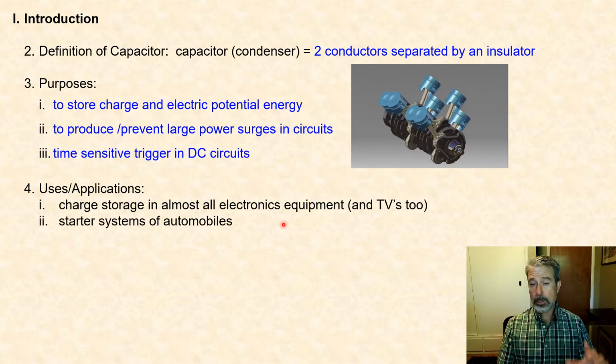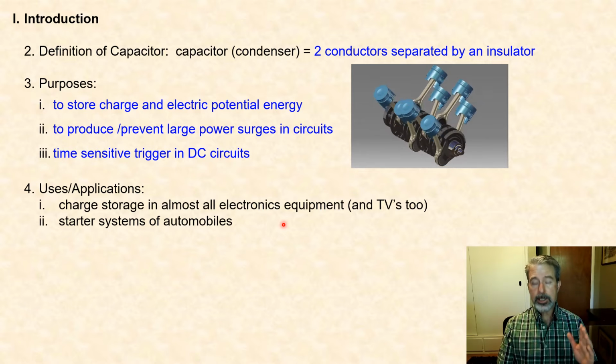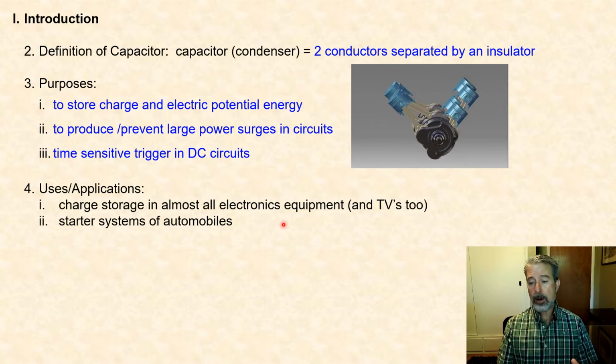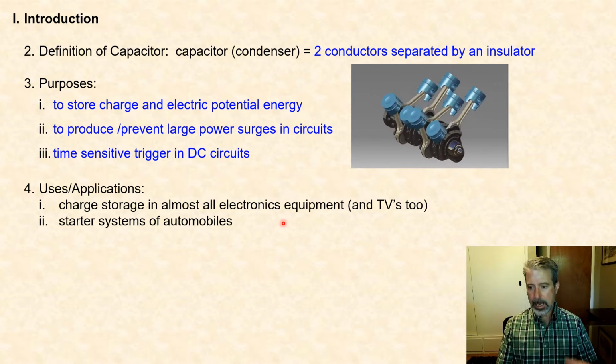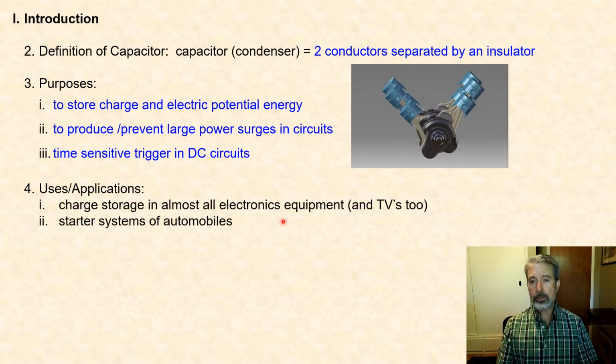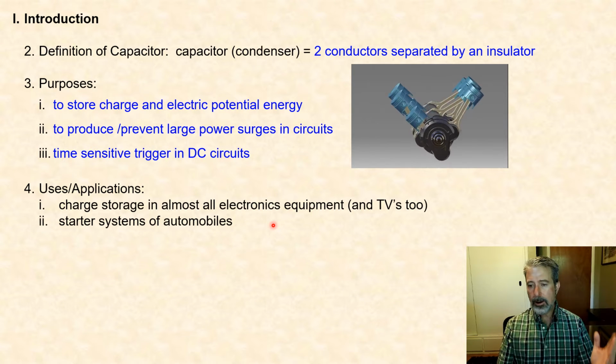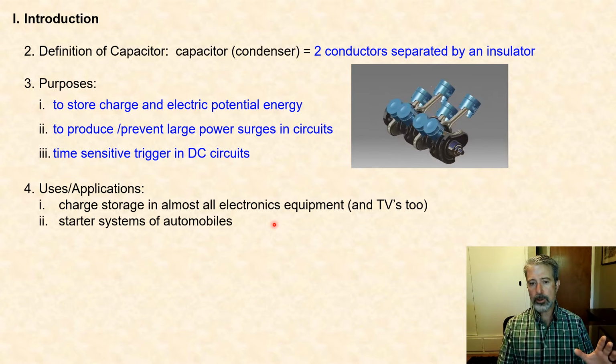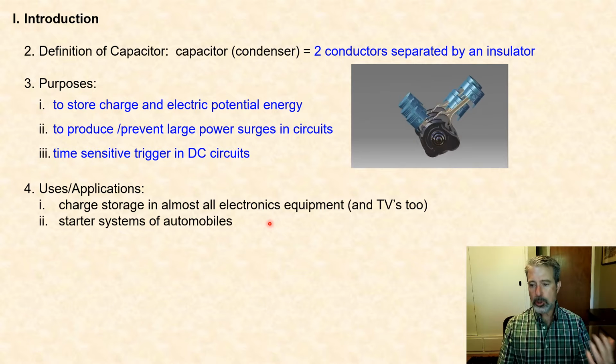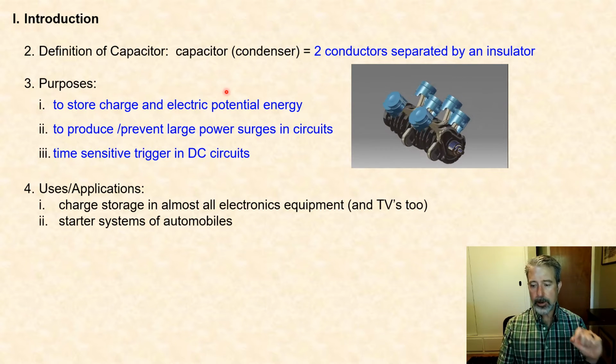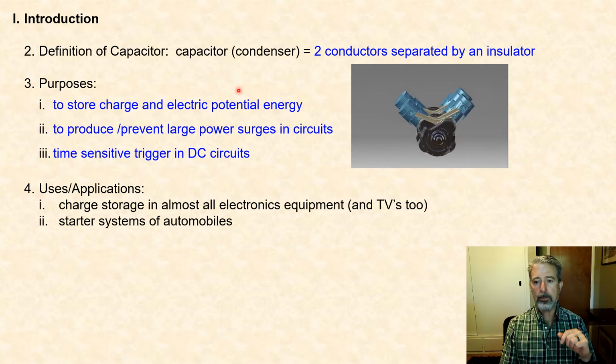And that capacitor can provide an instantaneous large amount of power. Can't maintain it, but it can provide it to get the dryer drum to start turning and overcome its initial inertia. A compressor for an air conditioning unit, same story. You're going to have a fairly good sized capacitor in there to help that compressor motor start as well.